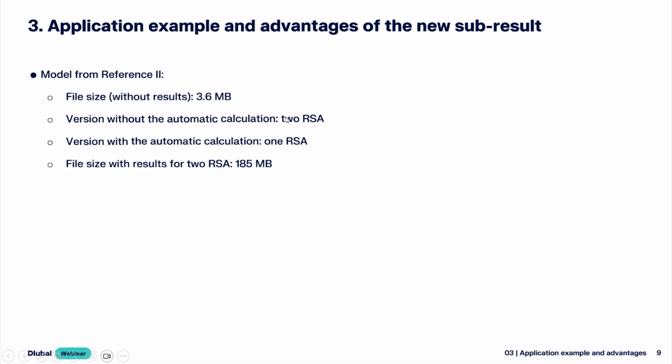So for the first, with 2 RSA, we have a file size of 180 megabytes, and then we come down to 140. When we talk about megabytes, it's not that relevant for nowadays capabilities of computers, but of course, if we add to this the design of the material and a real example, we can really save space.